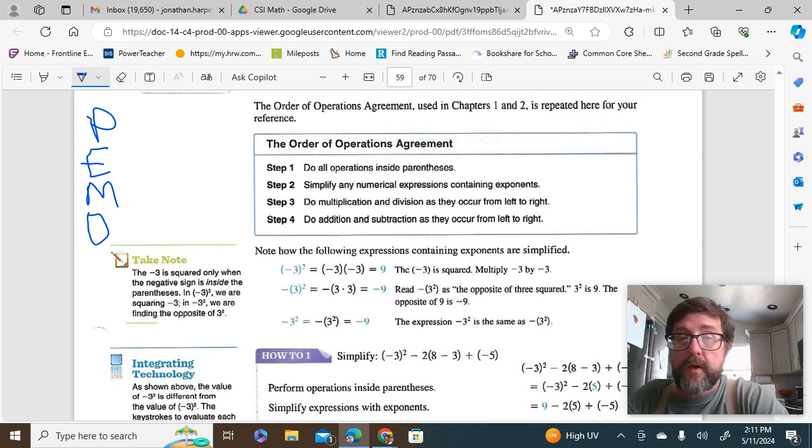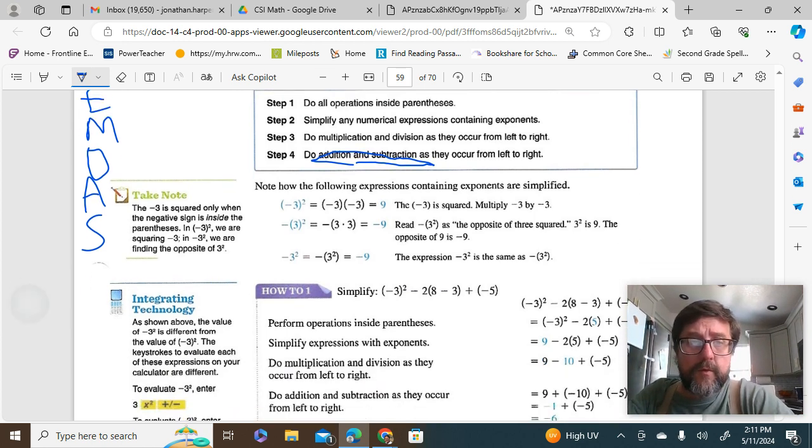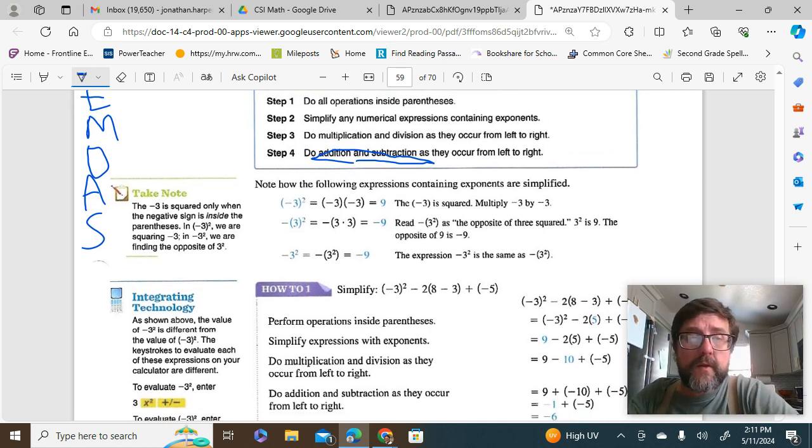Then you do addition and subtraction, so Aunt Sally. To remember this: please excuse my dear Aunt Sally, which I suppose is still being used because I had some students who knew that expression. So parentheses, exponents, multiply, divide, add, subtract.